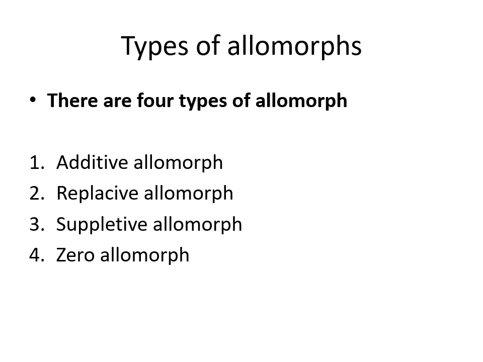Suppletive allomorph means the complete change in the shape of a word. We cannot predict what the next form or the past tense will be. Or then there is a zero allomorph.